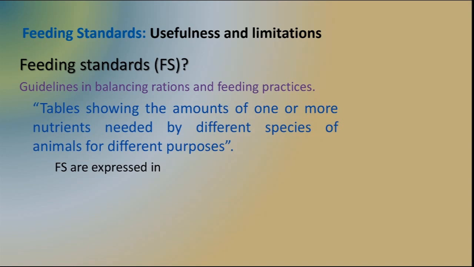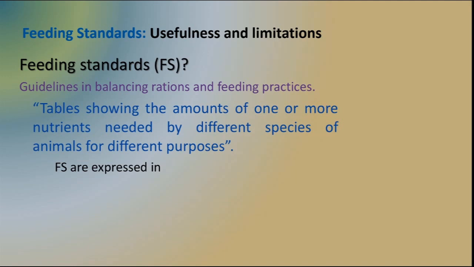They only give us a guideline in balancing the rations, and those guidelines are available in the form of different tables which show the amount of one or more nutrients needed by that particular species of animal for a particular function.